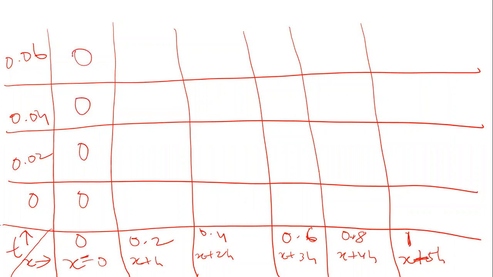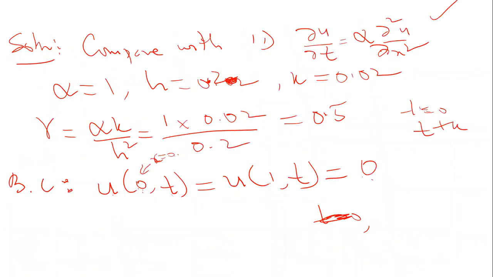At x equal to 0, for t equal to 0 it's 0, for t equal to 0.02 it's 0, for t equal to 0.04 it's 0, for t equal to 0.06 it's 0. So the functional value of u is 0 for all time at x equal to 0.